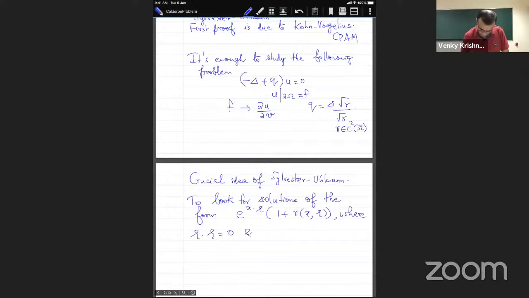And there is good control, and I will make this precise, there is good control of r as mod zeta goes to infinity.